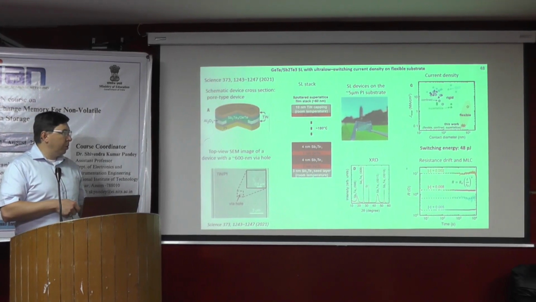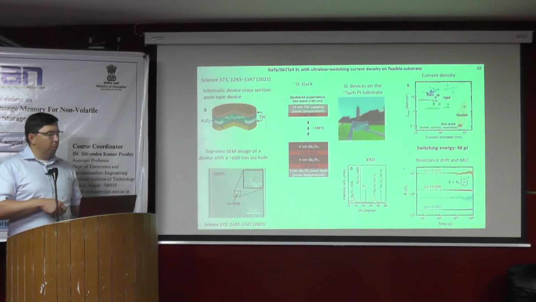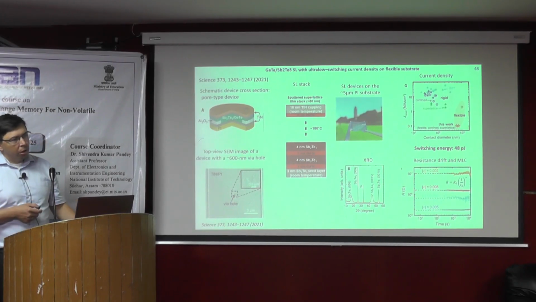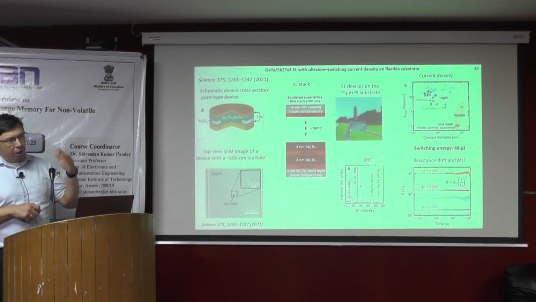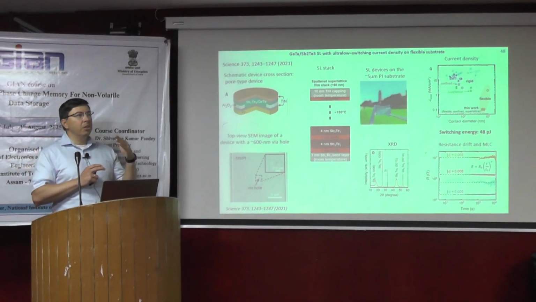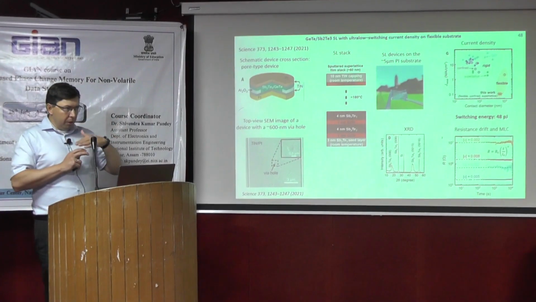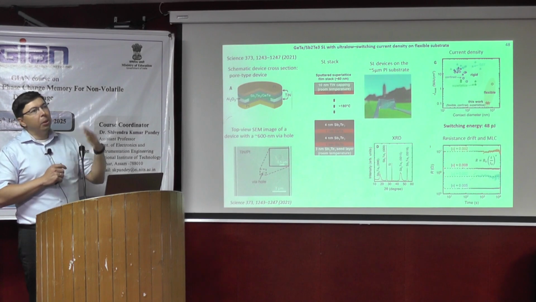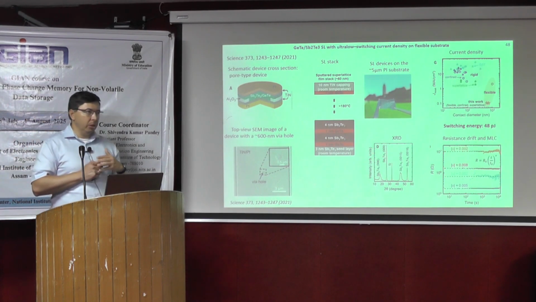Also, I did not show the results here, but there are results from IBM on switching of single layer GST 1 to 4 of trigonal, layered phase, and they showed switching characteristics similar to superlattices. So it seems to me that this layered structure, the van der Waals gaps, is the main point. You need to increase the density of these interfaces, these vacant places. If you can increase it, then maybe you can get better performance of your cells.